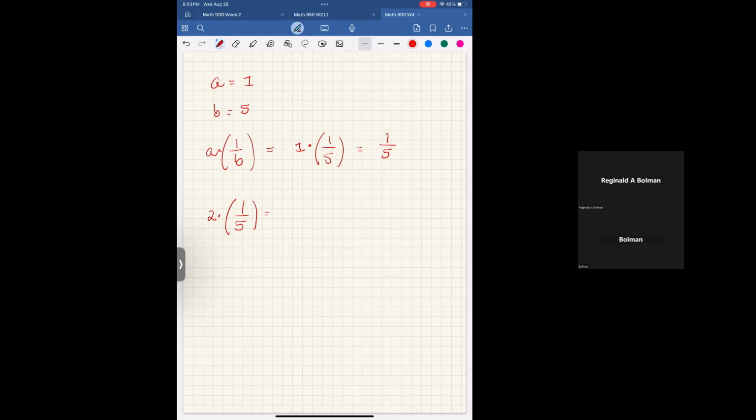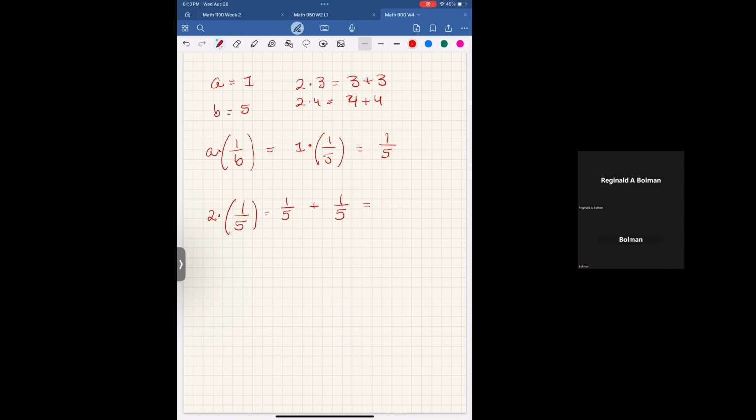If I have 2 sets of 1/5, then it literally means I've got 1/5 plus 1/5, because recall 2 sets of 3 would mean that you've got 3 plus 3, and two sets of 4 would mean that you've got 4 plus 4. I hope this is making sense to students.